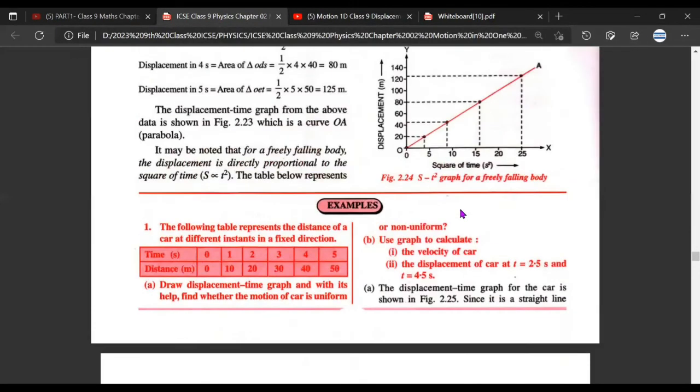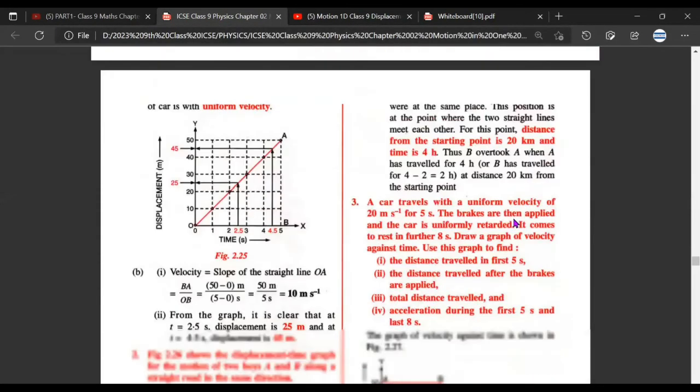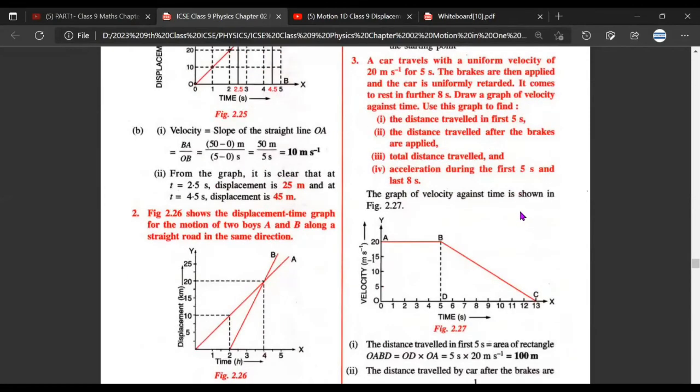Avantika, is it making sense? Yeah. And I'll send you this PDF also today. You can note down the questions that you can try to do. I'll mark the questions that you can do.